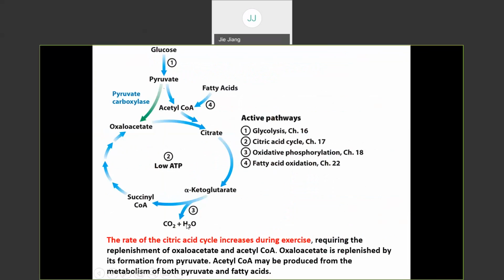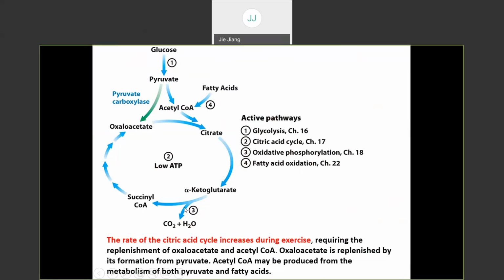And the fatty acid oxidation. We're going to discuss fatty acid at the end of the semester. Eventually the products will be acetyl-CoA too. So actually the acetyl-CoA entering the citric acid cycle comes from two parts. One is from glycolysis, the other is from the metabolism of fatty acid, or fatty acid oxidation.